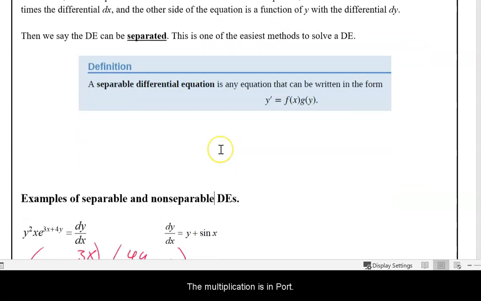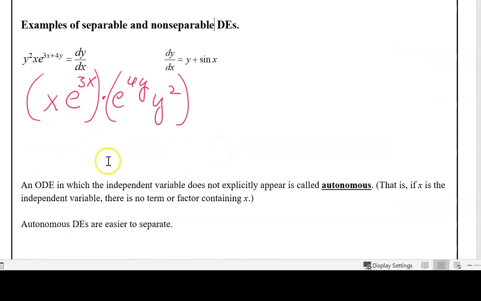The multiplication is important. Now, an ordinary differential equation in which the independent variable does not appear is called autonomous. If we consider x to be the independent variable, that means the differential equation does not have an explicit x squared, or anything involving x.